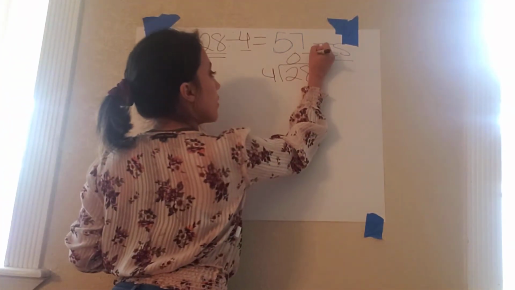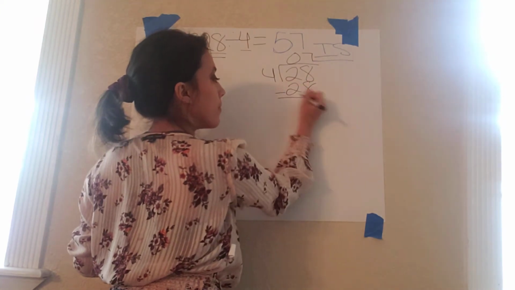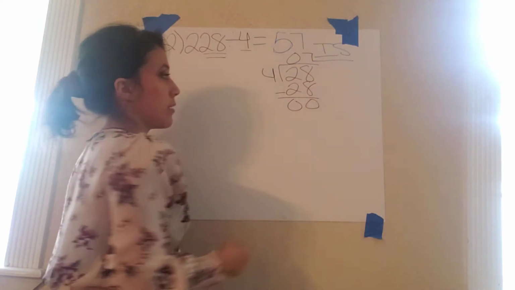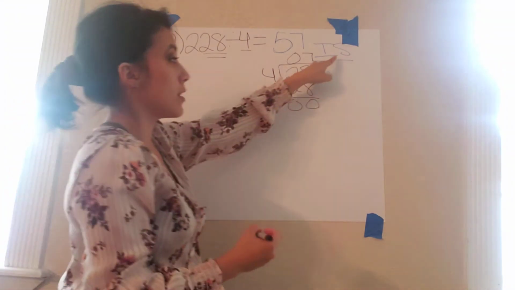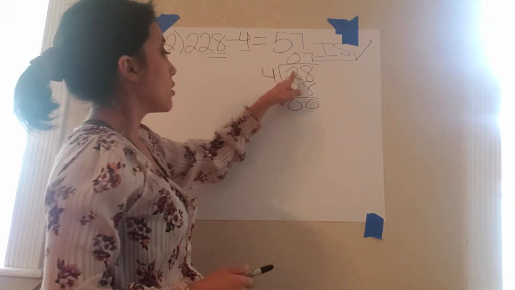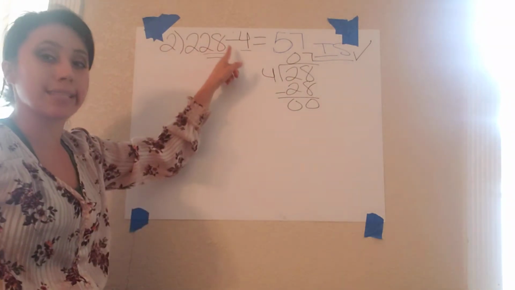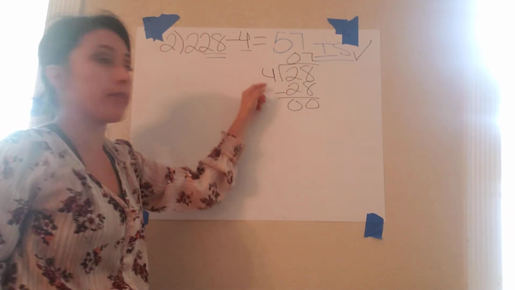So 7. 7 times 4 equals 28. And that's 0. There's no remainder, so this was correct. It is divisible. 28 is divisible by 4. So 228 is going to be divisible by 4 as well.